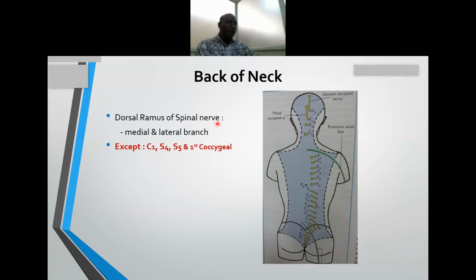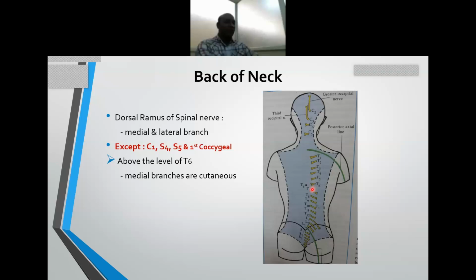These dorsal rami have a medial branch and a lateral branch, except C1, S4, S5, and first coccygeal, which only have one branch. C1 is purely motor, and first coccygeal will only supply the central portion of the gluteal region. So above the level of T6, medial branches supply cutaneous innervation.